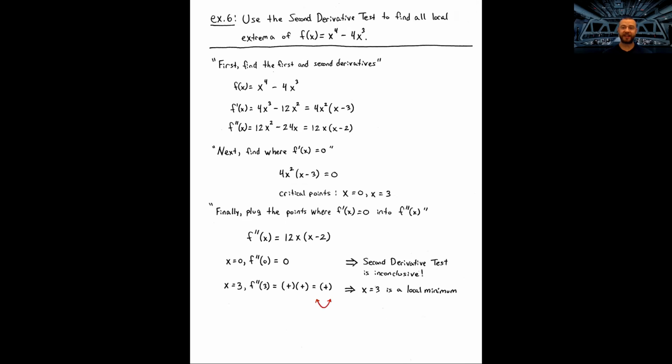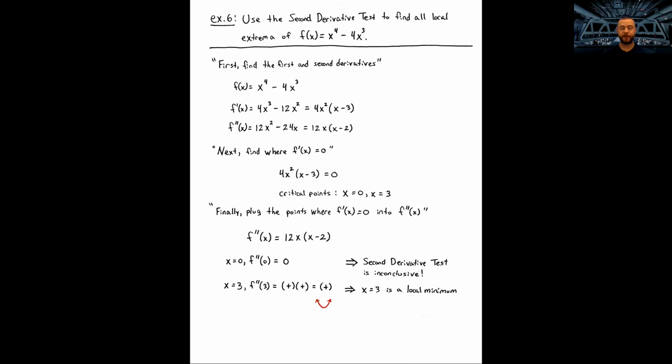Now, what does the second derivative test tell us? Well, since the second derivative equals 0, the second derivative test is inconclusive. So in other words, for x equals 0, we don't reach a conclusion from the second derivative test whether x equals 0 is a local maximum or local minimum. X equals 3, however, does give us a conclusive result. Since the second derivative is positive, notice I just drew a little concave up shape.